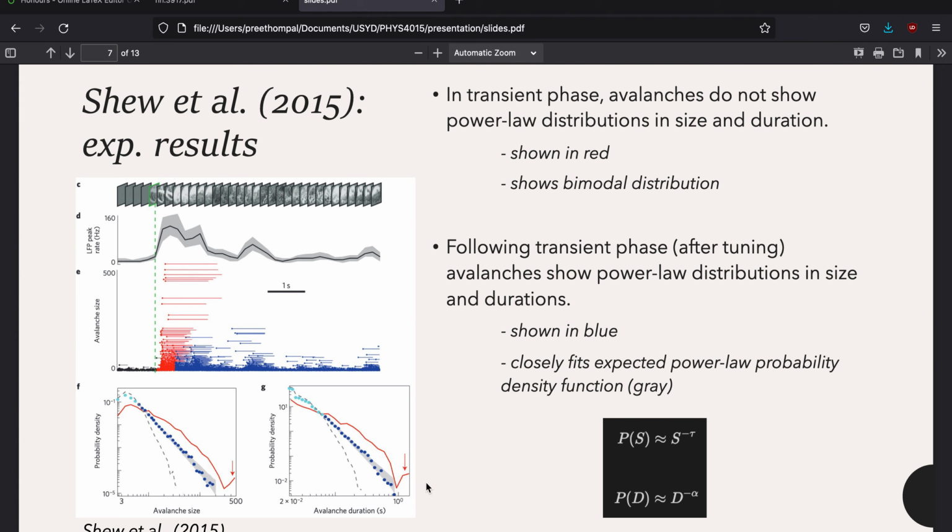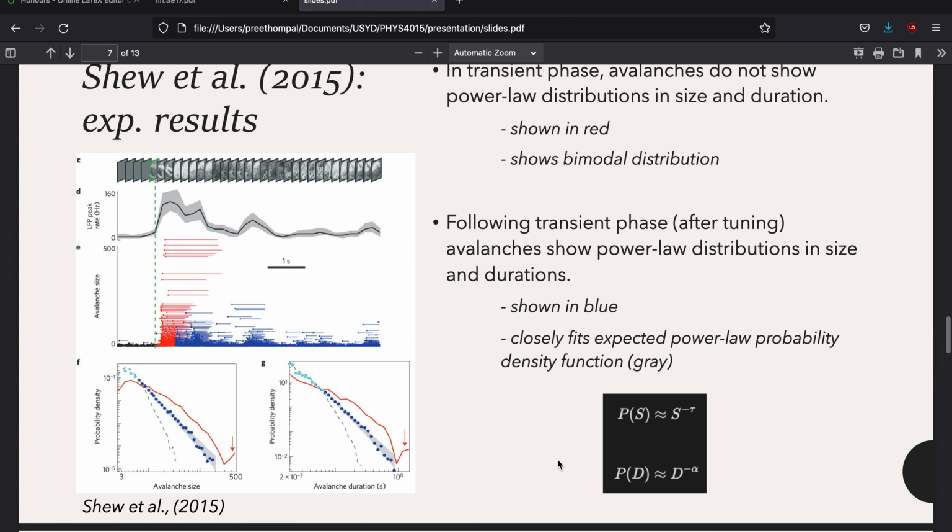So the power law functions are given down here. The probability of a certain size occurring depends on that size to some critical exponent tau. And then the probability of the duration also follows a power law distribution, and it's given by the duration to some critical exponent alpha.